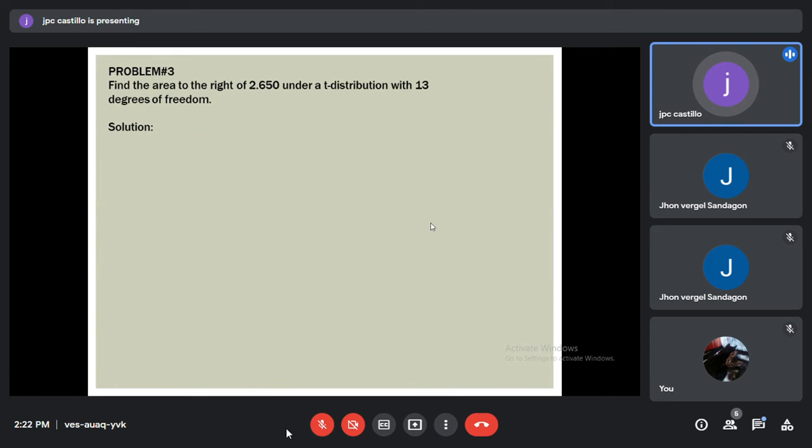Here, in problem number 3, find the area to the right of 2.650 under a t-distribution with 13 degrees of freedom.